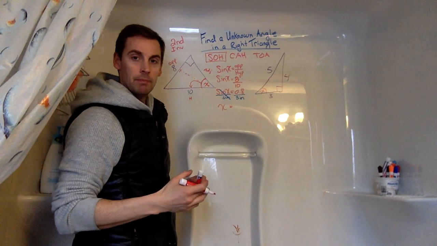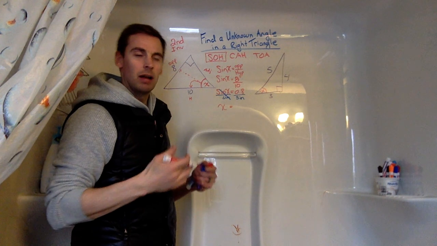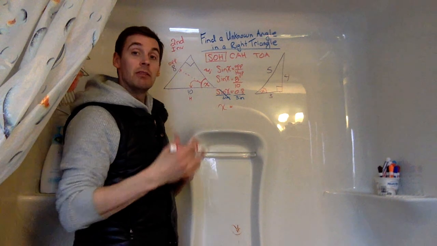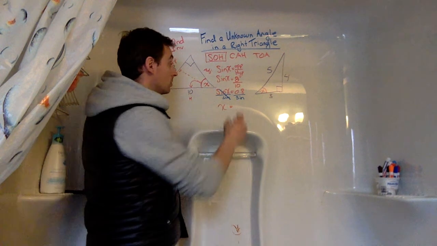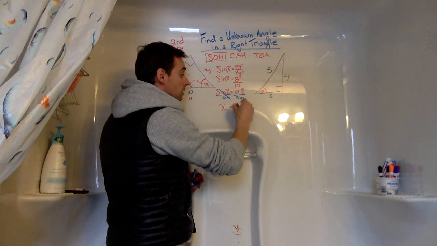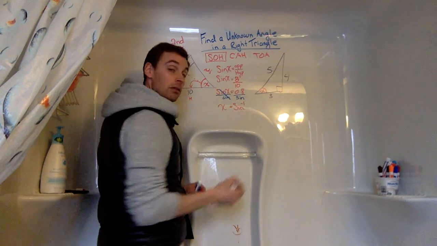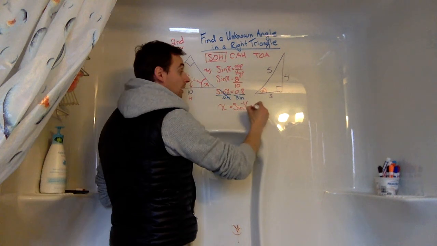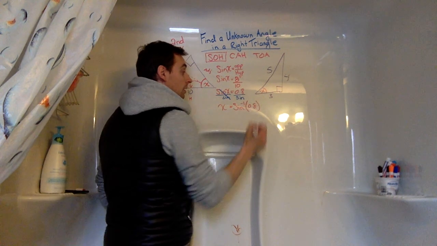Now, we don't write it that way. The more common way to write it is we make it the inverse of sine, which is we take this sine and flip it so it's on top, but we label it with a -1, which represents the inverse of sine. And then we put brackets, and we put in whatever our value is.